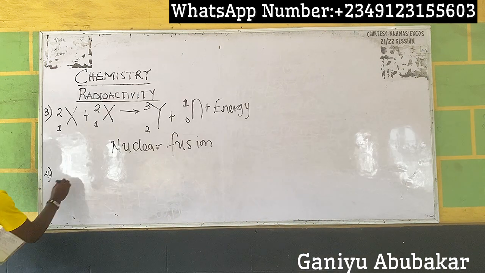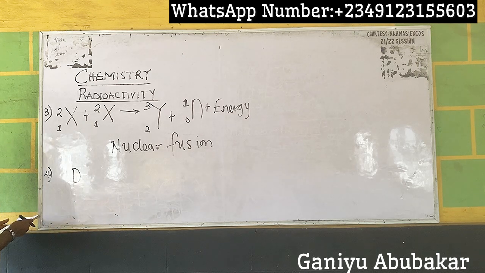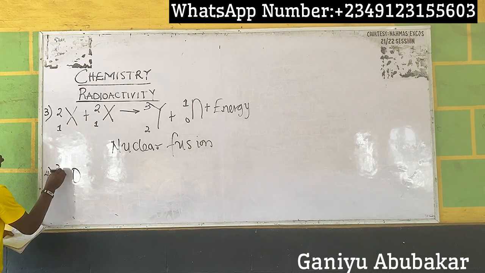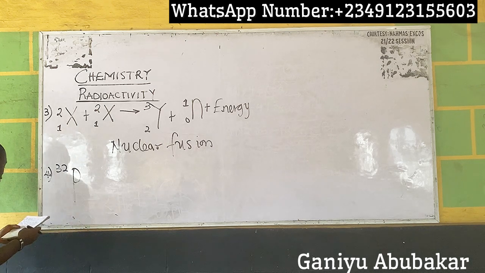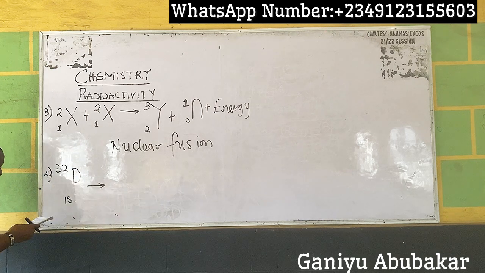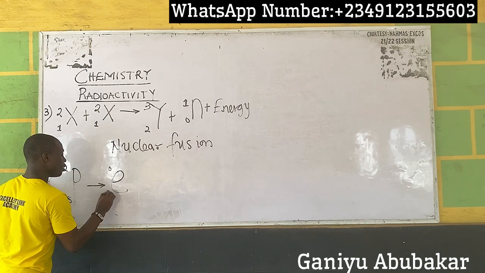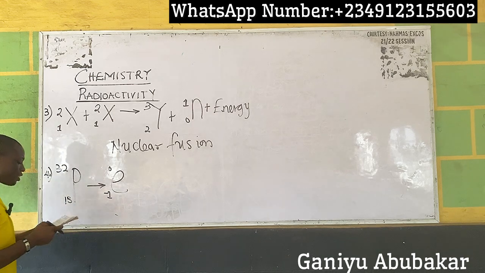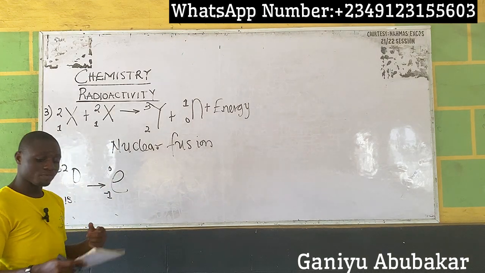Phosphorus, that's P, having 32 as the mass number. They expect that you should know the atomic number, and the atomic number is of course 15. This emits beta decay, that's 0 and minus 1. So they are asking what element will be formed. As you can see, your options are on the screen.